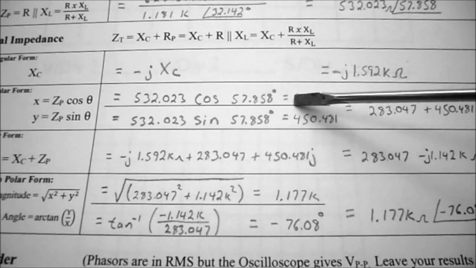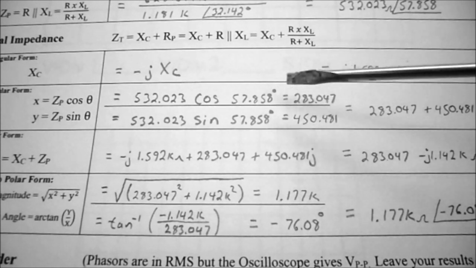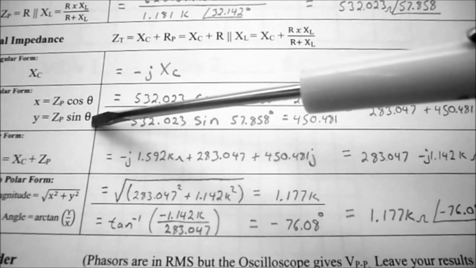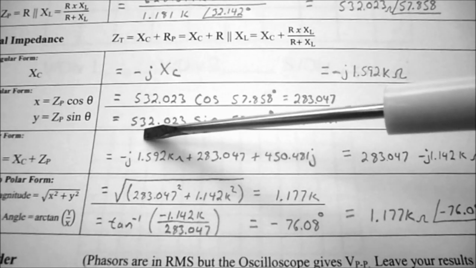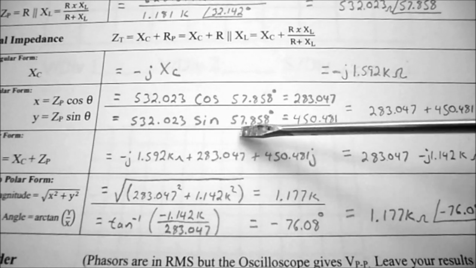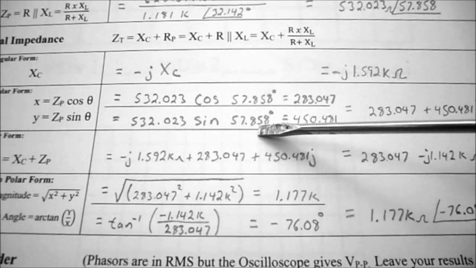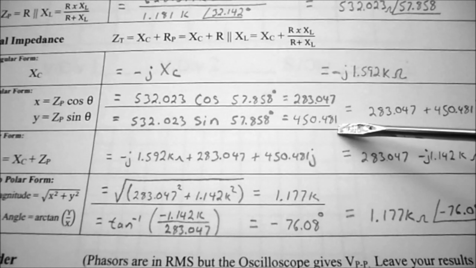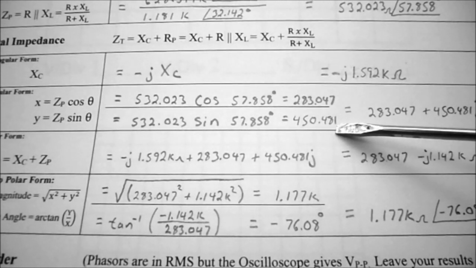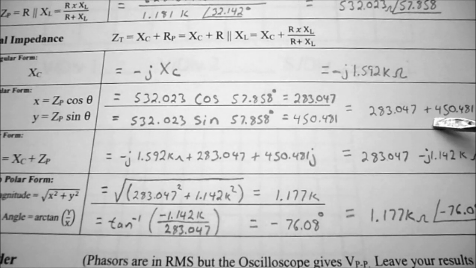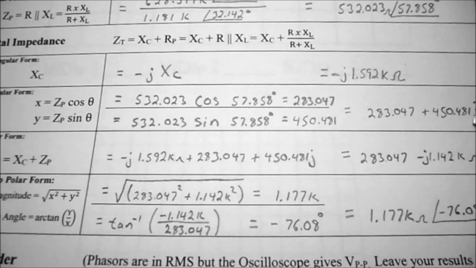So that's the real part of our expression. And then we're going to convert for the imaginary part of the expression, so we take 532.023 times the sine of 57.858 degrees, and that happens to equal 450.481. So putting it together, we have 283 plus 450J.